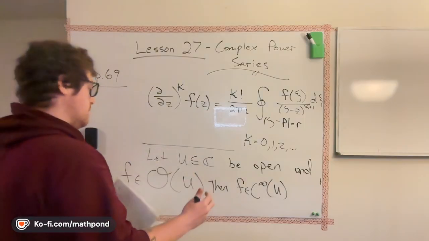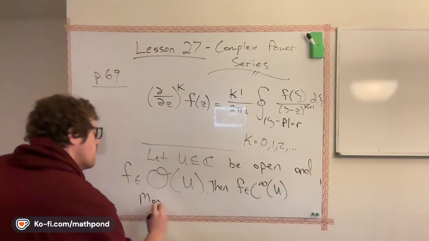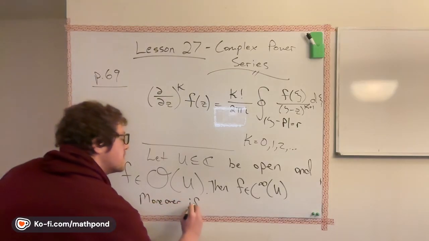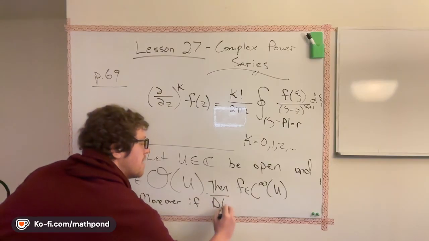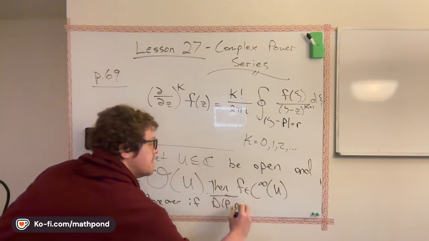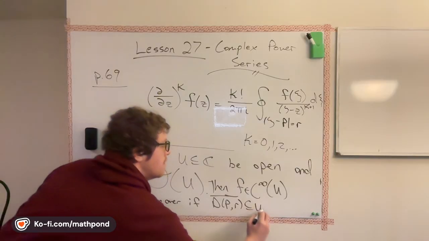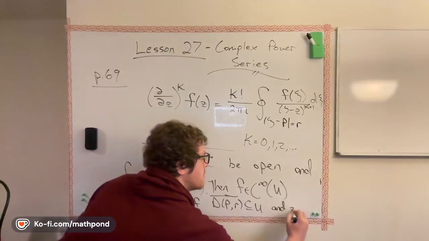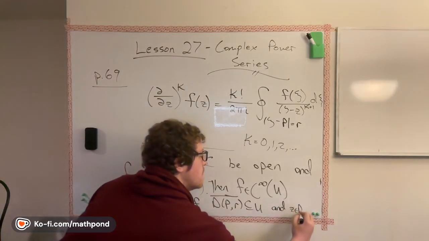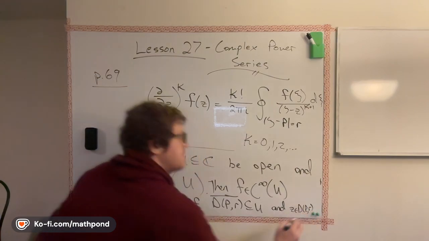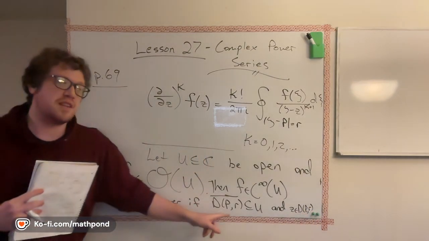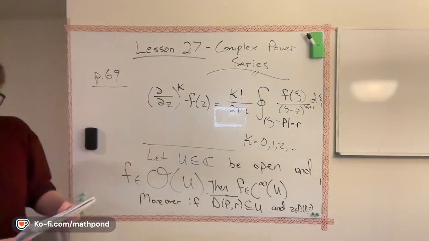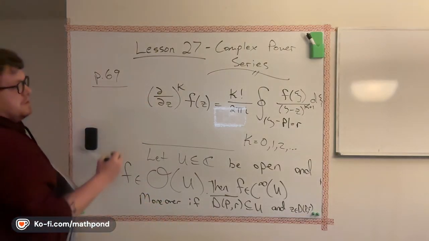Moreover, if the closure of this disk around p of radius r is contained inside U, and z is inside this disk, same disk, but inside the interior, not the closure, then we can use this formula.